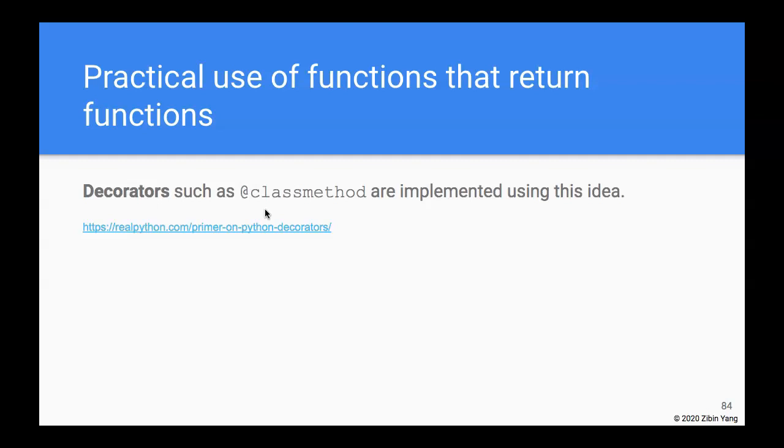Decorators in Python are just implemented as functions, but they do return a modified version of the functions or methods that they decorate. Unfortunately, this is really beyond the scope of the class, but if you're interested, I have a link here to an article that explains this idea very well. So take a look if you're interested.